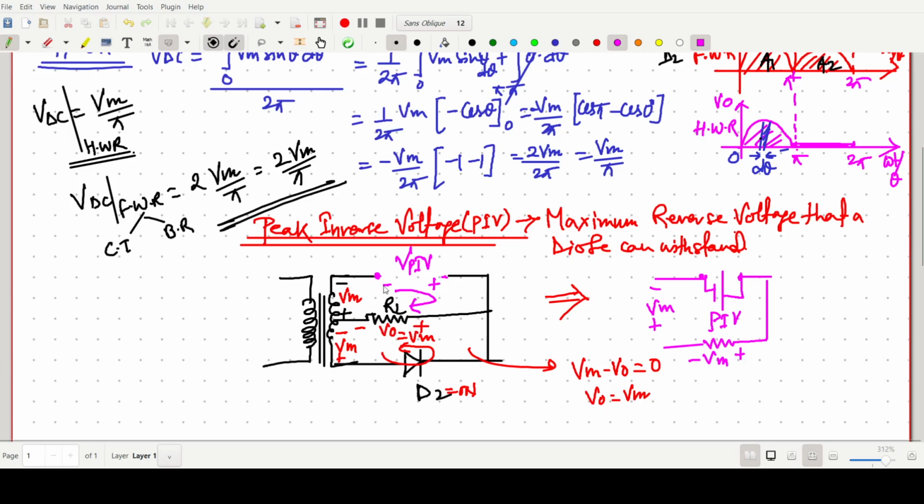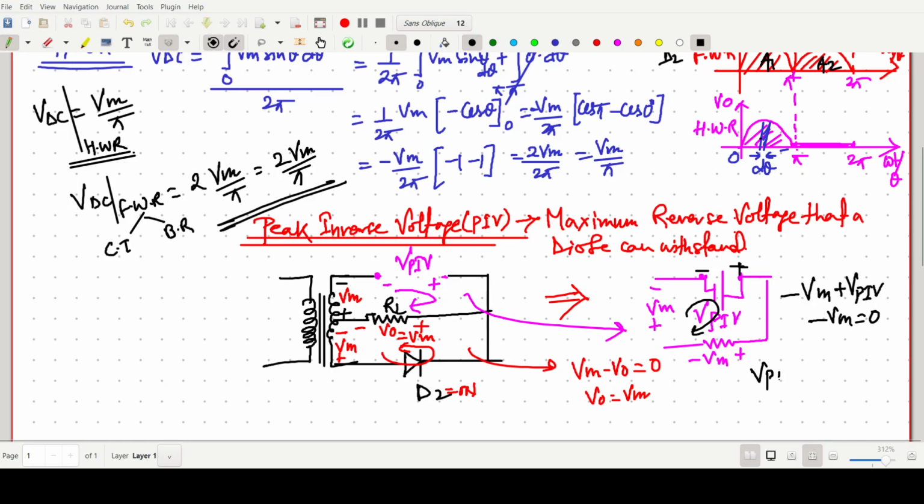Just apply Kirchhoff's voltage law. I have made the same thing here. The KVL we write is minus Vm, minus Vm, then minus plus, so plus VPIV, minus Vm equals 0.